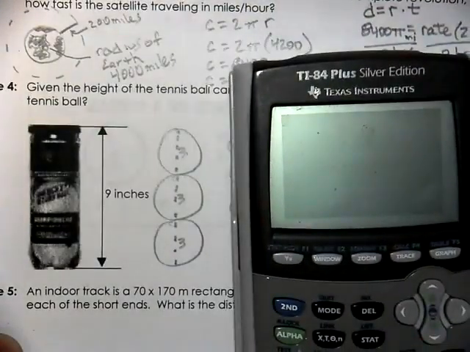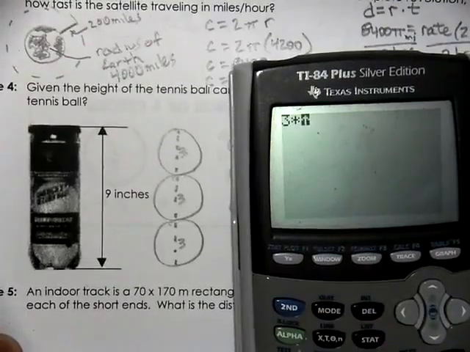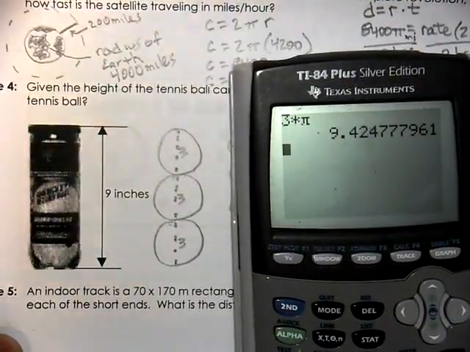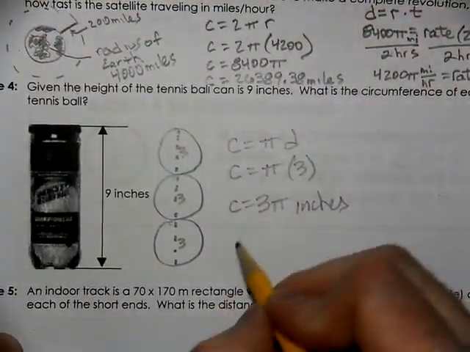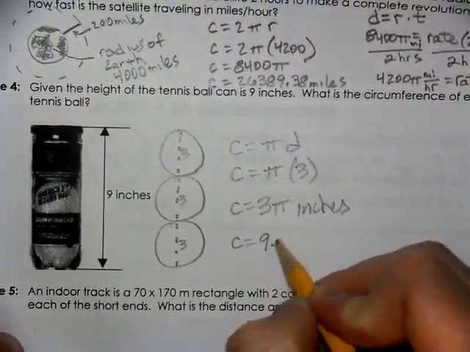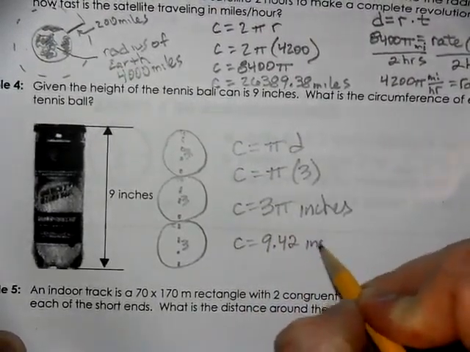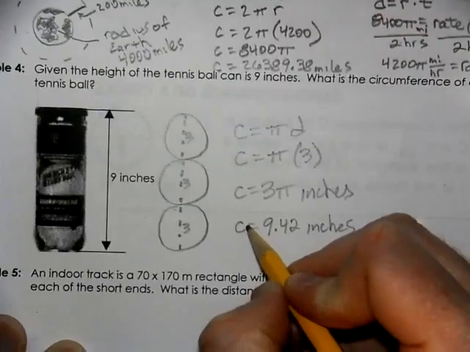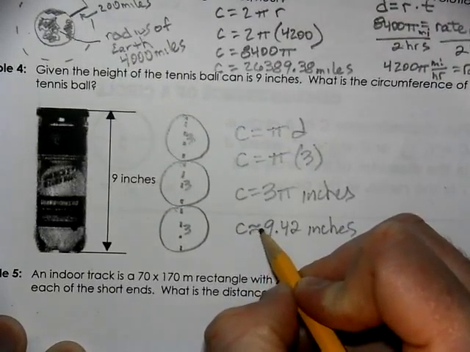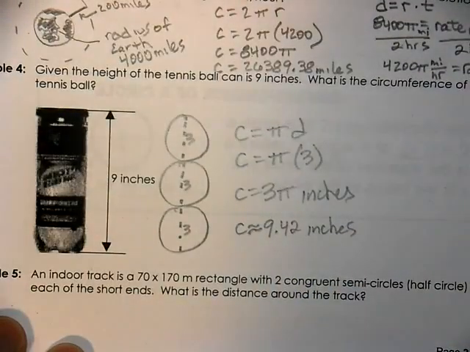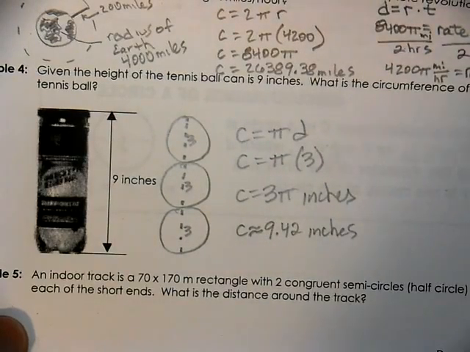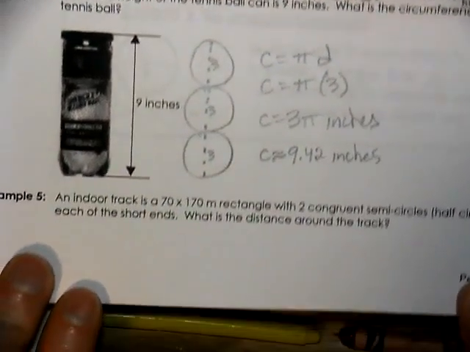And if we were going to use a calculator, we could say 3 times pi to get 9.42. That's an approximate value. You can use an approximate symbol instead of an equal symbol since it's not exactly. Last question.